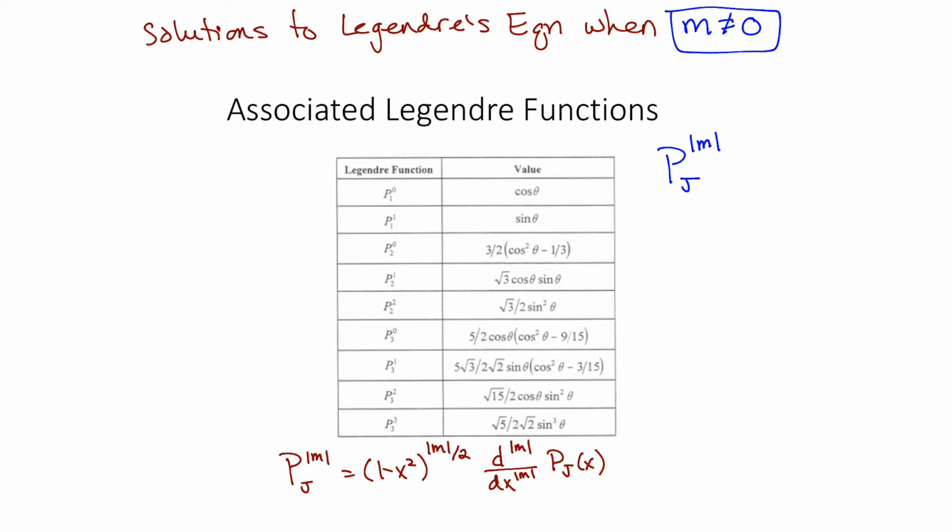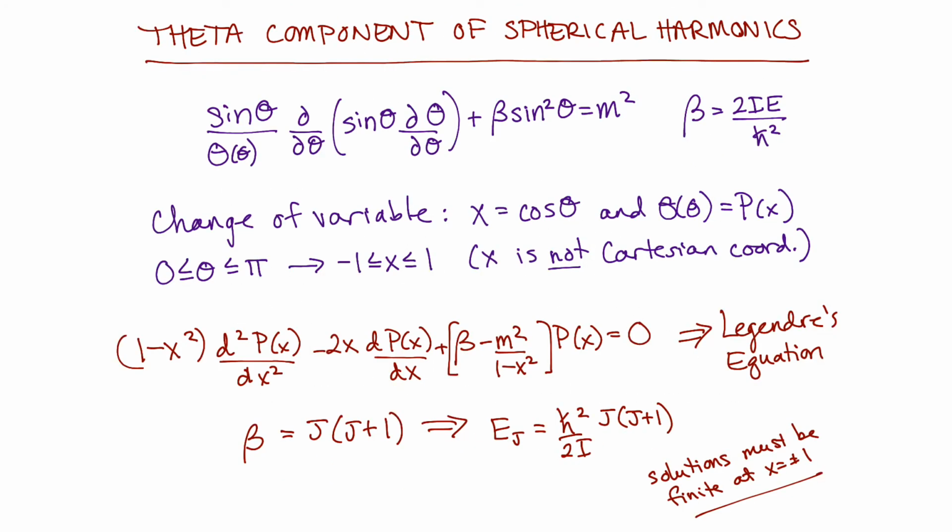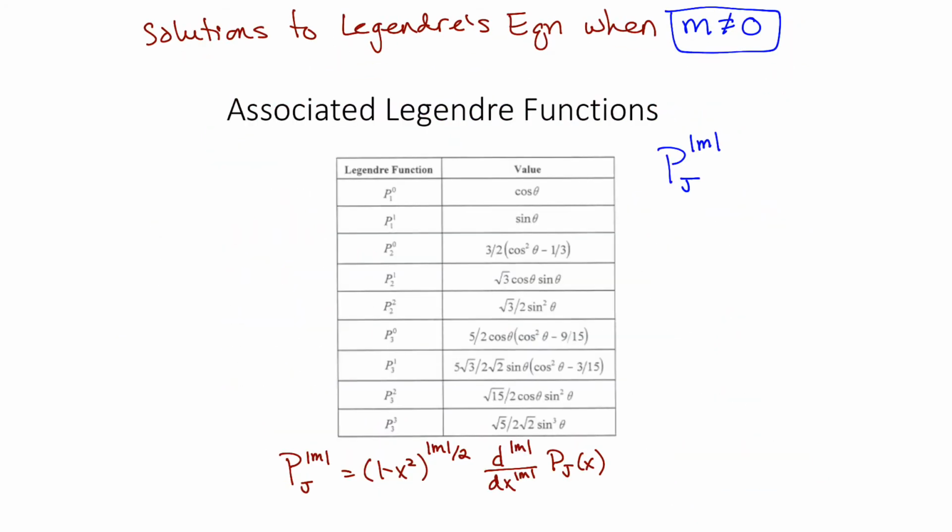One thing to note here is that only the absolute value of m is relevant in our expression for the associated Legendre functions, and that is due to the fact that if we look back at the Legendre equation that we started with, it's only dependent on the square of m. So we only have to worry about the absolute value of m in our associated Legendre functions.